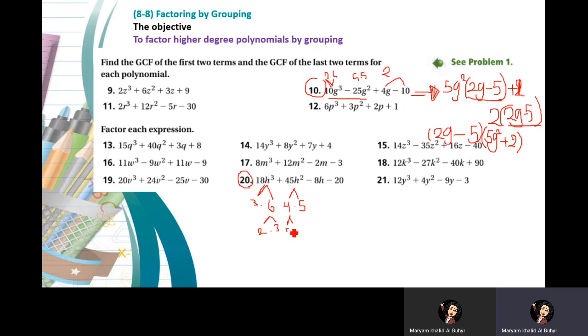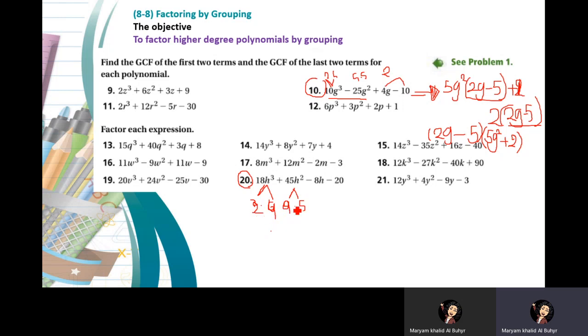Here is the same thing, 2. So the common factor between these two is only, not 4 here, sorry, 9. So what is the common between them? I can say that it is 9 times 2.